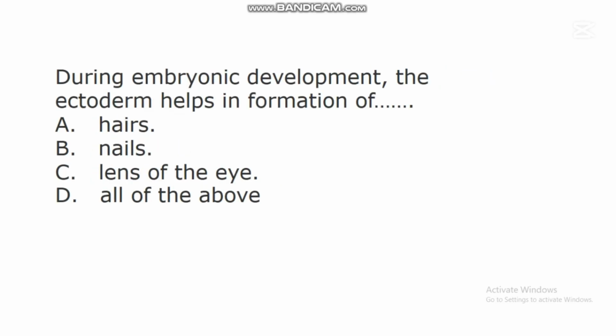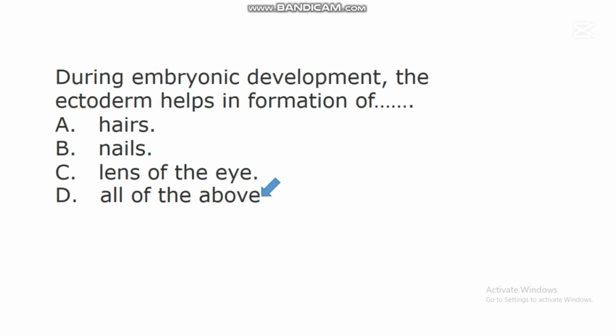The next question says, during embryonic development, the ectoderm helps in formation of dash. A. Hairs, B. Nails, C. Lens of the eye, D. All of the above. In this question, the correct answer is D. All of the above.